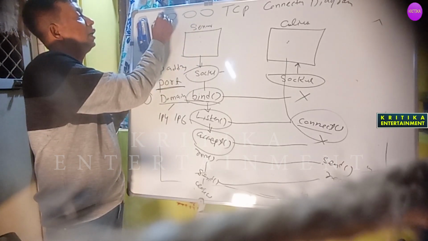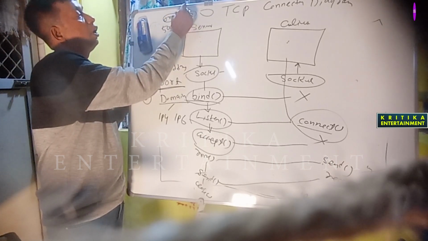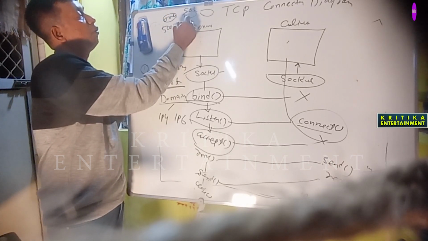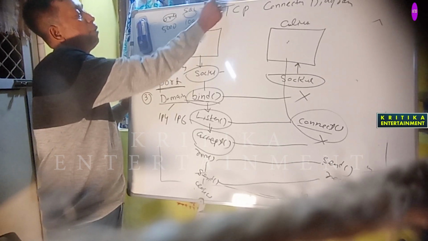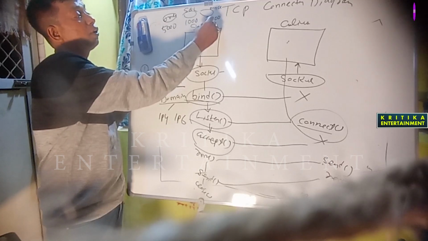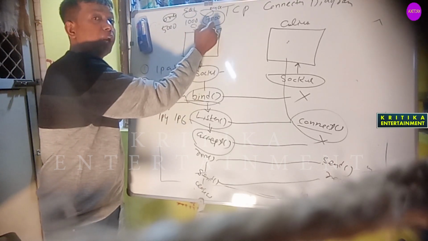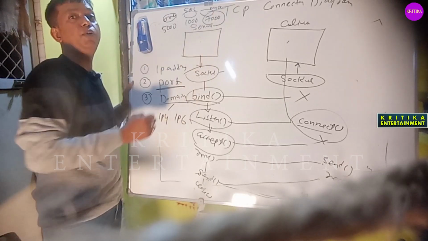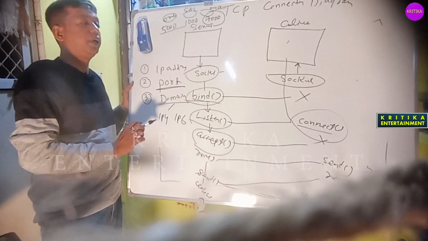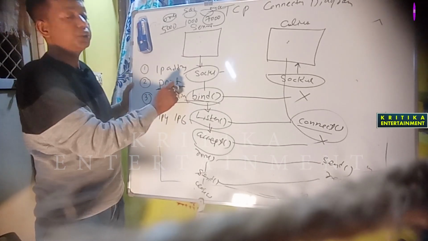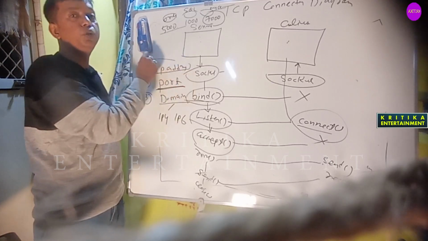Suppose I have assigned Oracle port 5000, SQL port 1000, and MySQL 7000. When I use 7000 in my program, that means the MySQL program will be called. When you use 5000, that means the Oracle program will be called. So port is used to connect to the specific program, and the IP address is mainly used to find the source or destination.